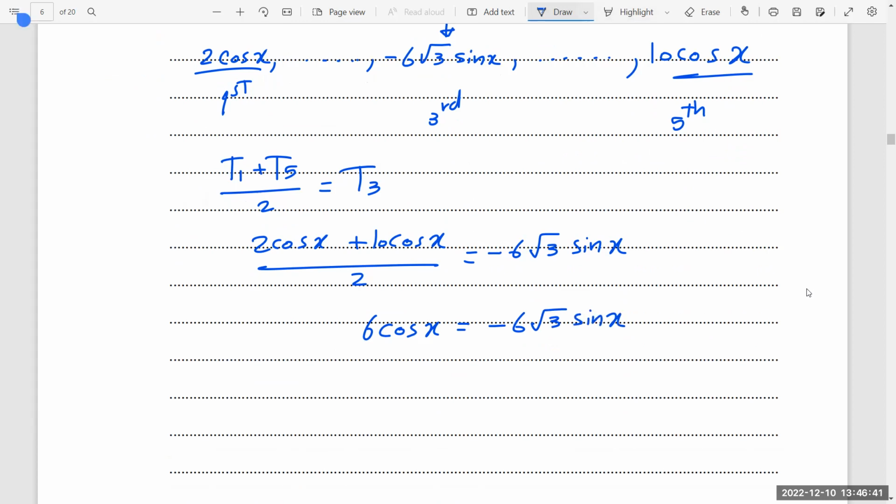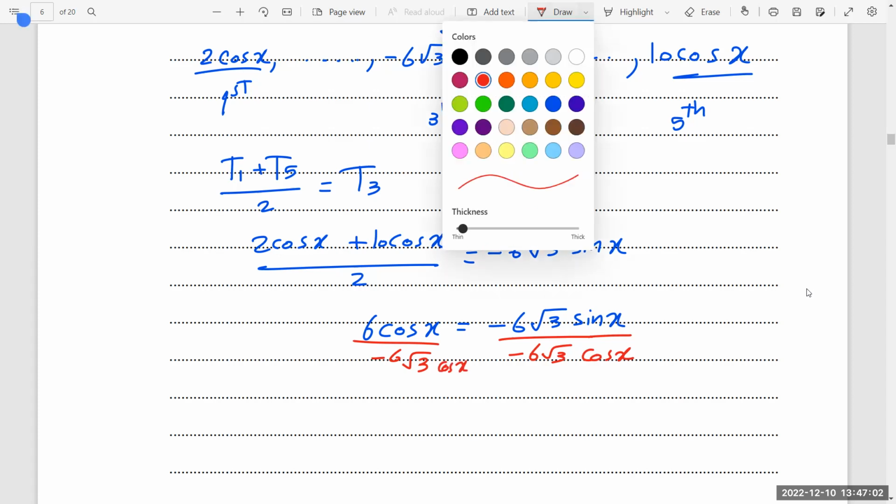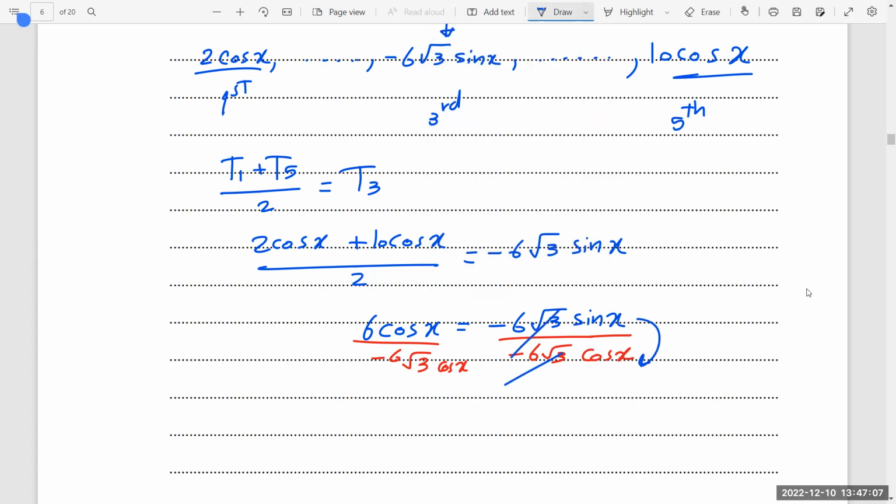If I divide each side by negative 6 radical 3, and also divide by cosine x to remove it, the equation becomes: sine x over cosine x is tan x, equals, simplifying, cosine and cosine cancel out, negative 1 over radical 3.